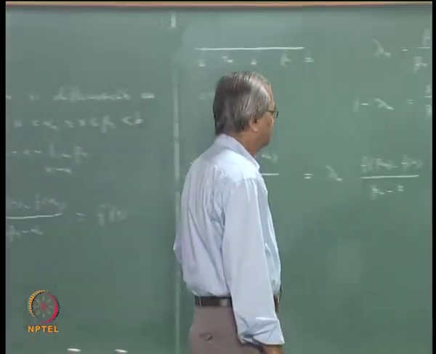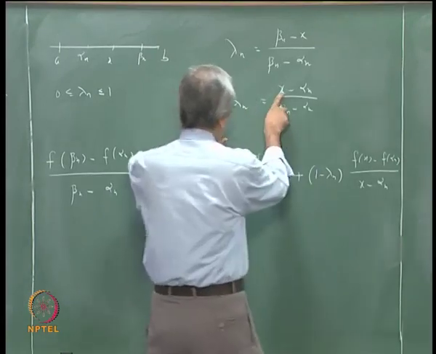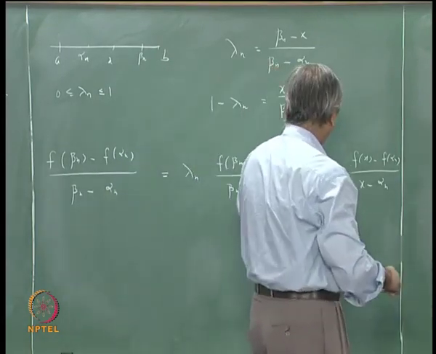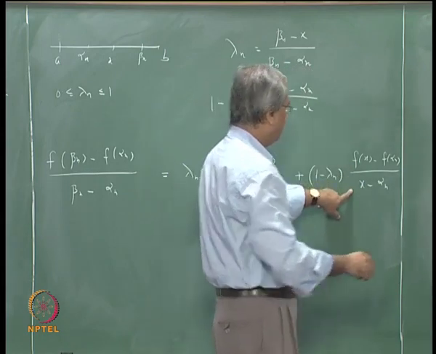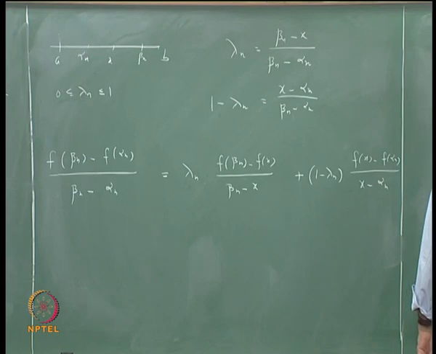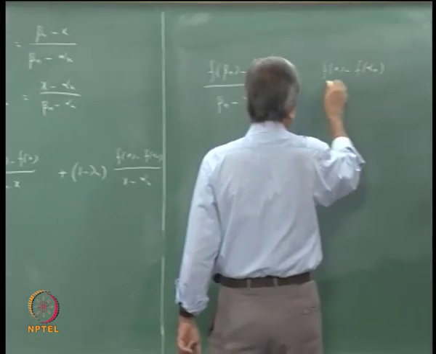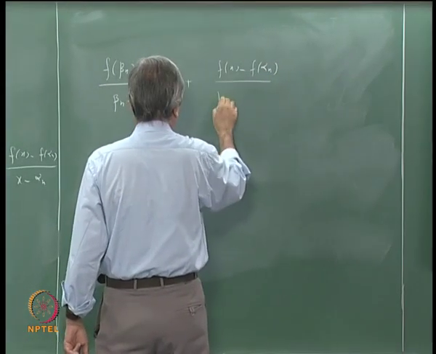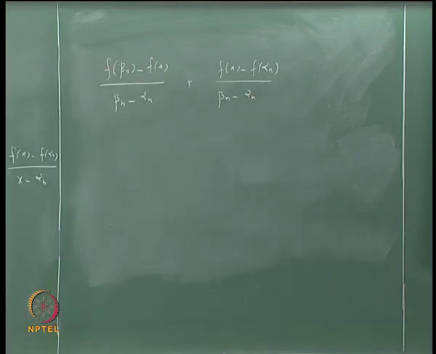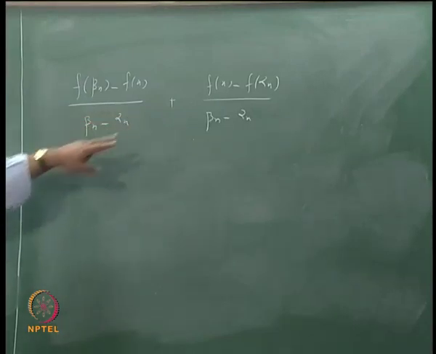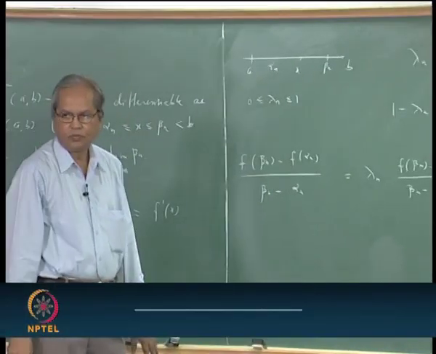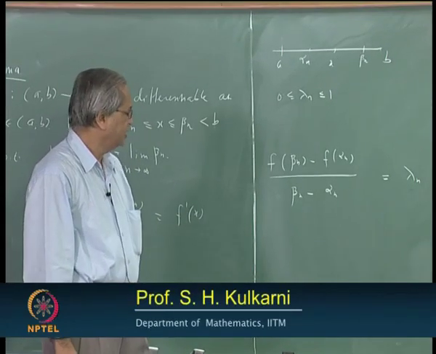And suppose you multiply 1 - lambda_n, which is (x - alpha_n) divided by (beta_n - alpha_n), into this, what you will get is plus (f(x) - f(alpha_n)) divided by (beta_n - alpha_n). If you take the sum of this, that will be the same as this. So it is an elementary argument.